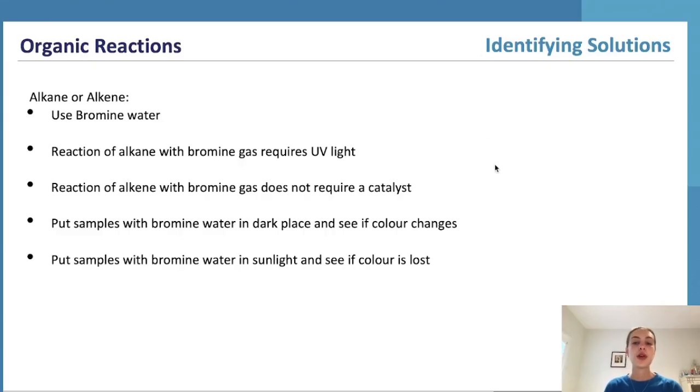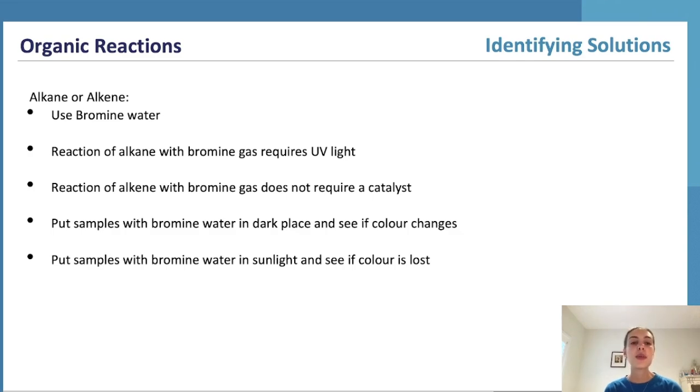Another thing we can do is use these organic reactions to help identify solutions. To identify the difference between an alkane and an alkene, we can use bromine water. This is because the reaction of an alkane with bromine requires UV light, whilst the reaction of an alkene with bromine does not require any catalyst.